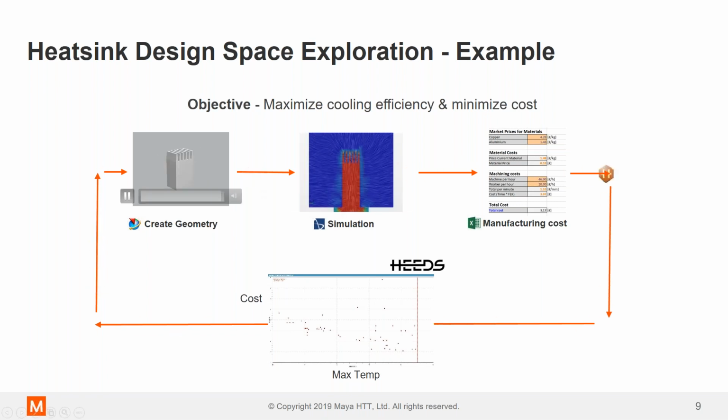So we're going to be automating a process which will update our geometry, run a simulation and calculate the manufacturing costs, and then compare designs between the cost of the design and the performance of the design, in this case the operating temperature or maximum temperature of the heat sink.